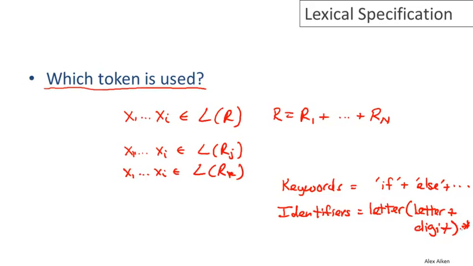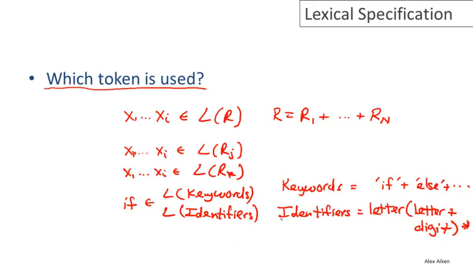If you look at these two specifications, you'll see that the string if is in both of them. So if is in the language of keywords, and it's also in the language of the identifiers. And so should we treat if as a keyword or an identifier? Now, the normal rule in most languages is that if it's a keyword, then it's always a keyword, and the identifiers actually don't include the keywords.